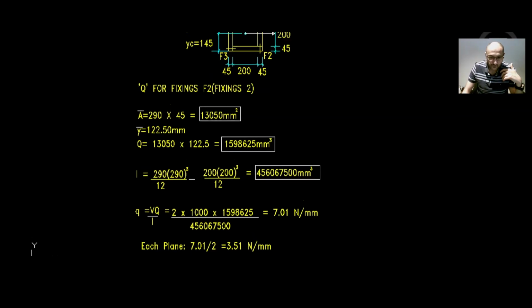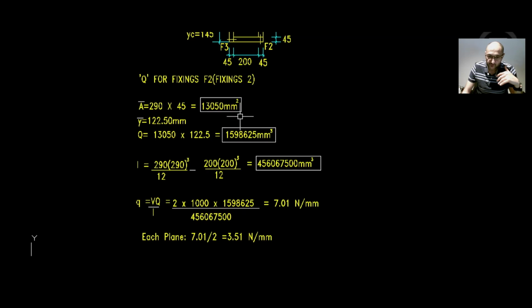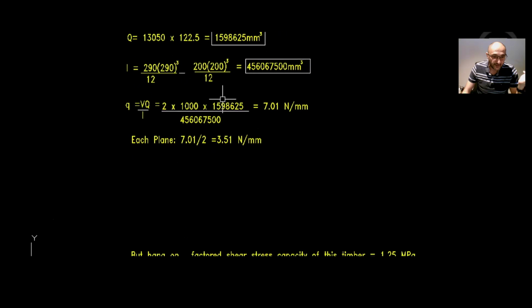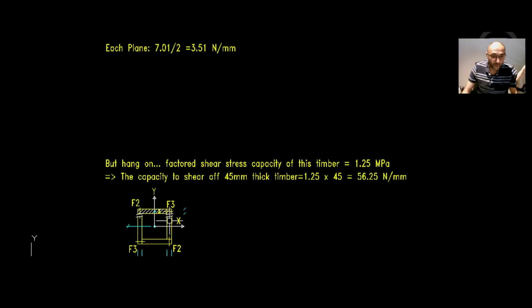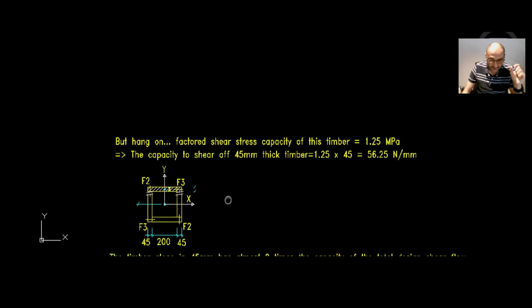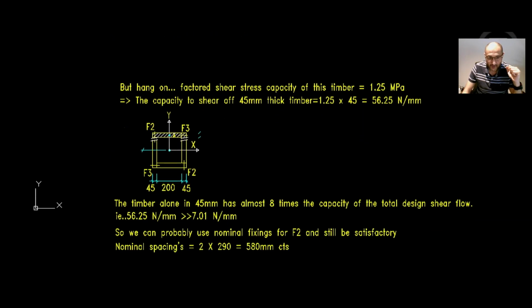And then each plane will take, again, 7.01 divided by 2 will be 3.51 Newton per millimeter. But we have a factored shear stress capacity of this timber of 1.25 MPa.